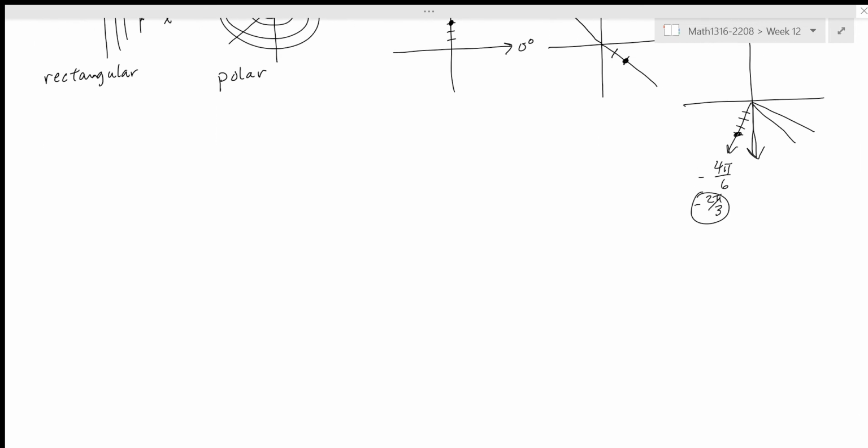Let's do number 31. Okay, so you knew it was coming. What if both of the numbers are negative? What if they're both negative? Well, the negative angle says I'm going to spin clockwise. And how far is pi over 3 clockwise?